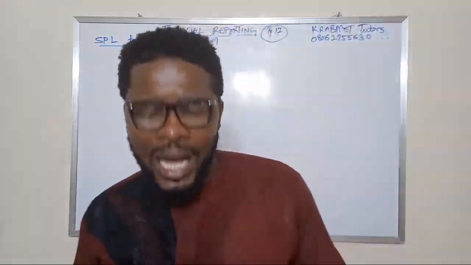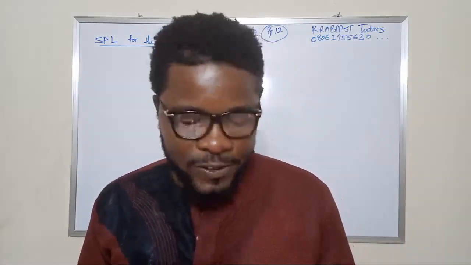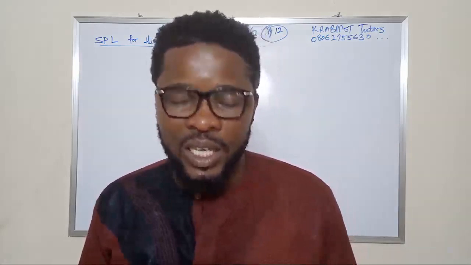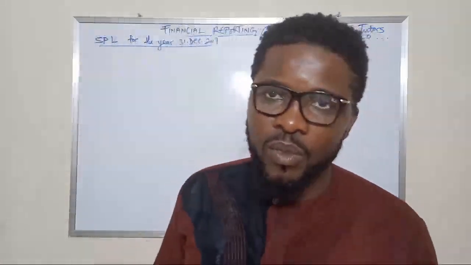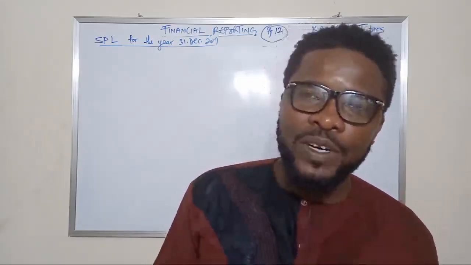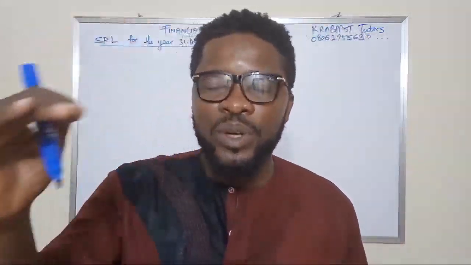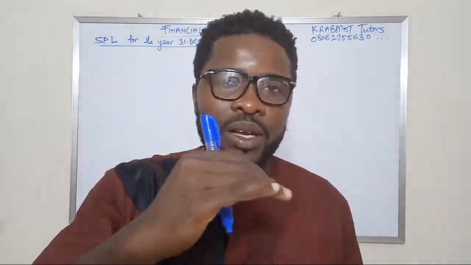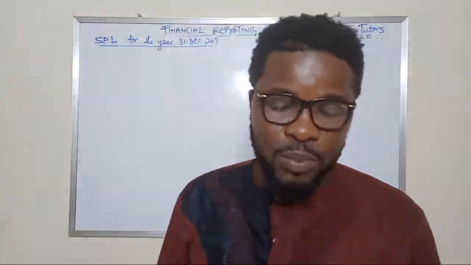Now I want you to look at page 13. On page 13, that is the statement of changes in equity format. You have to know that. One good thing is under equity, in the statement of financial position, you have your shares, share premium, retained earnings, and you might see revaluation surplus.